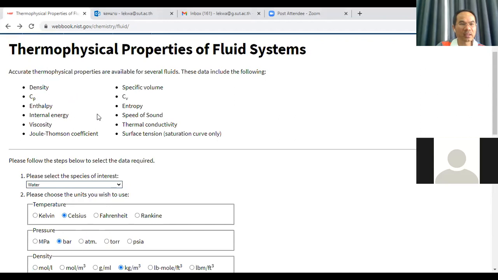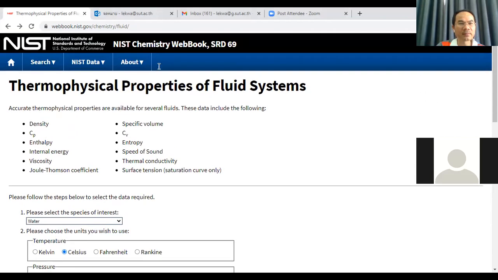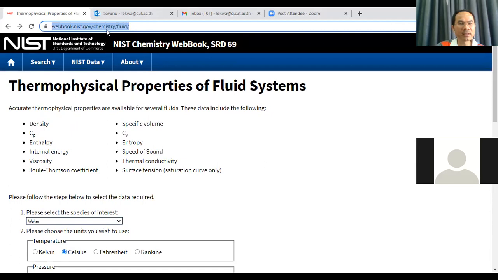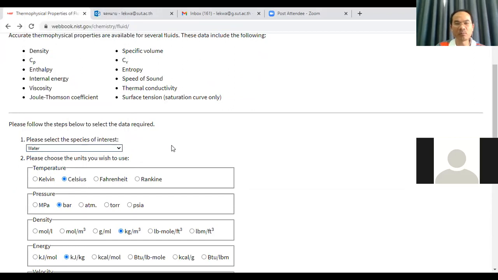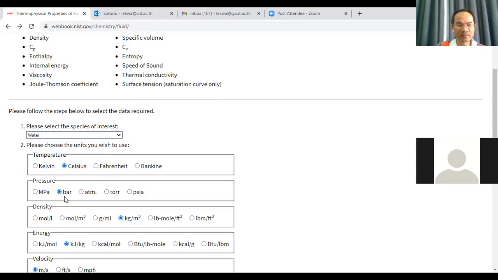For this case, we have this fluid property tool, and we choose water. This is webbook.nist.gov, chemistry fluid, the National Institute of Standards and Technology. We have a lot of fluids in this database. For this case, the steam table in water: temperature in Celsius, pressure in bar.